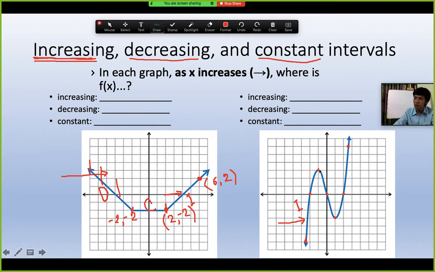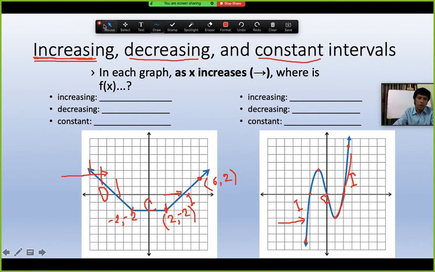Then if you start from this point, the graph is decreasing up to here. So this part is decreasing. And again, from here the graph is increasing. Now you can ask, what about from here to here? Actually, from here to here is increasing and here to here is also increasing. That's why we can say that this whole part is increasing.